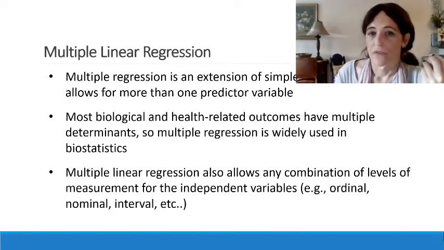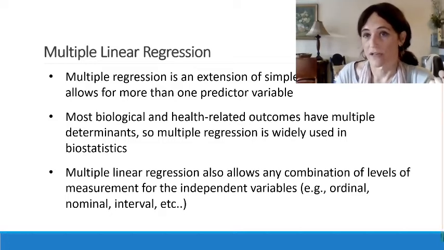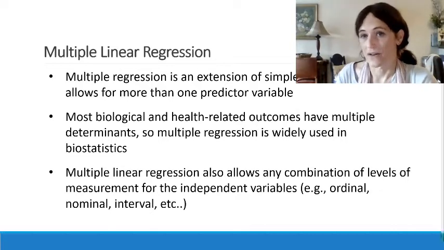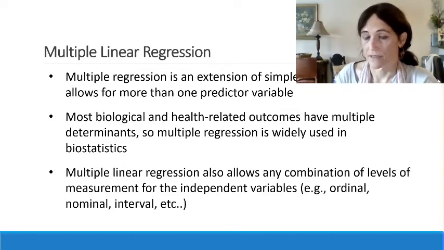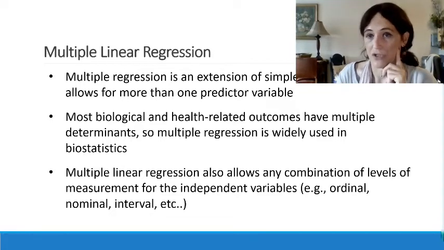And it's the most flexible in terms of allowing for different levels of measurement on the independent variables. The dependent variables still must be either interval or ratio level, but on the independent variable side, we have a lot more flexibility. We can include different types of measurement.